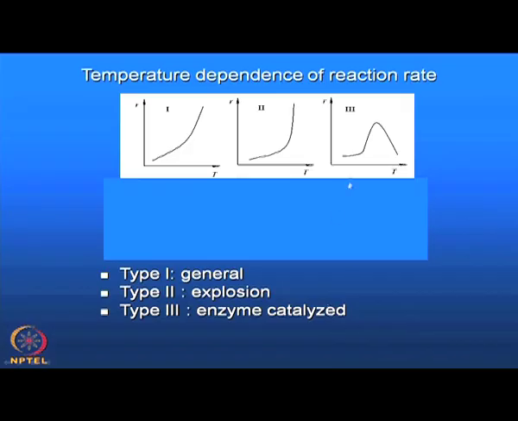For enzyme catalyzed reactions, as you increase the temperature, you see not much change in reaction rate initially, and then it goes up, reaches a maximum, and then again reduces. It is a kind of bell shaped curve, or maybe an inverted parabola.